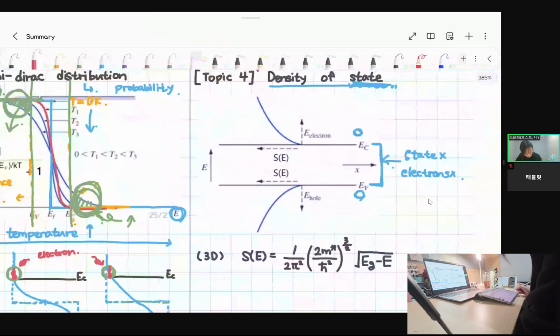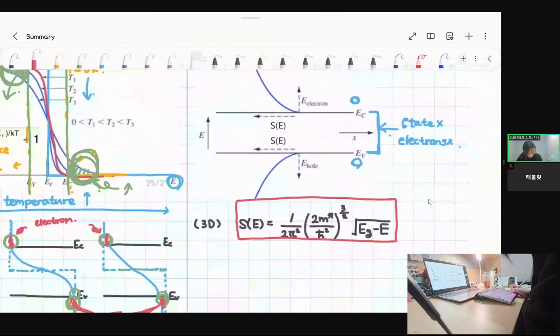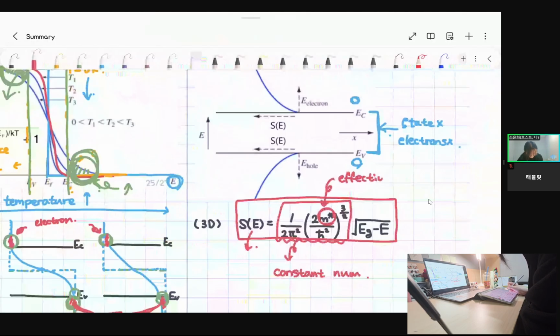In 3 dimensions, we can get the state by using this formula. As you see, this is just a constant number. This one is the effective mass, which is also a constant number.